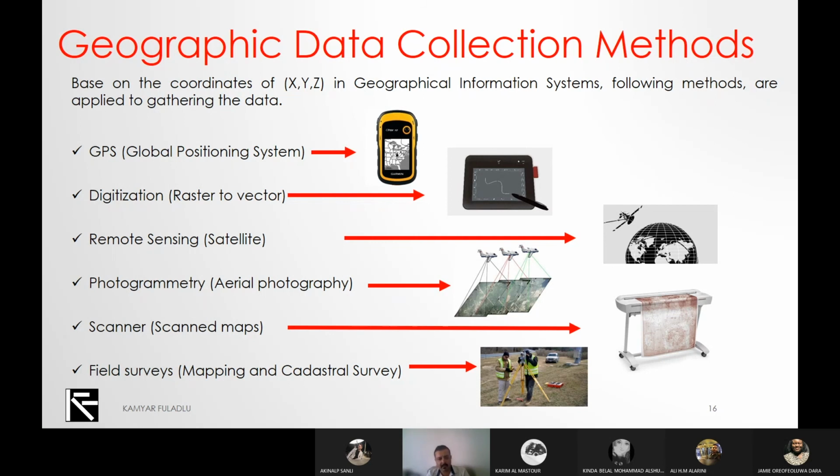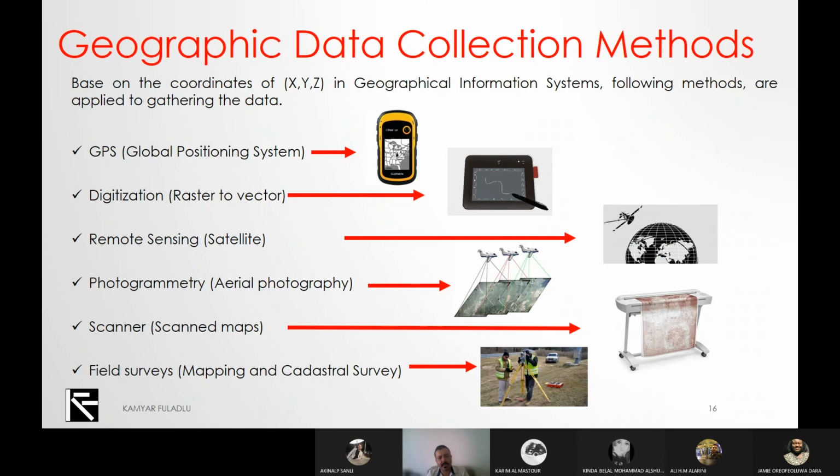We have a scanner. You know the scanner, I don't want to explain it. We have it in a bigger scale, smaller scale. You can transfer the old map in a big size or a small size to digital format. And at the end we have field survey. Definitely you have done it in your Art 190.